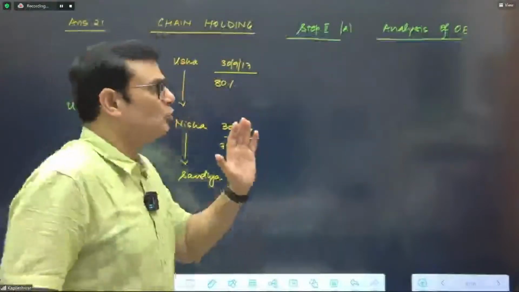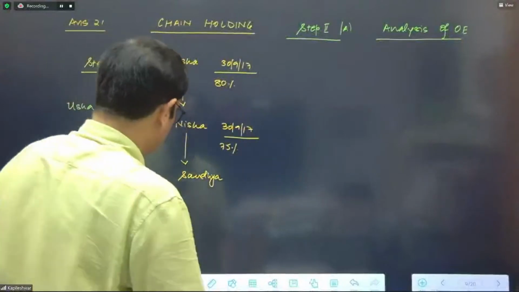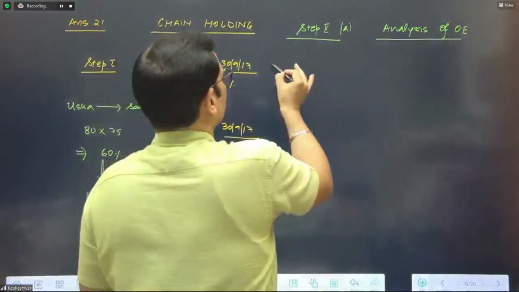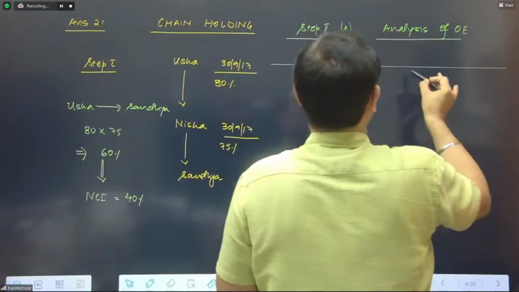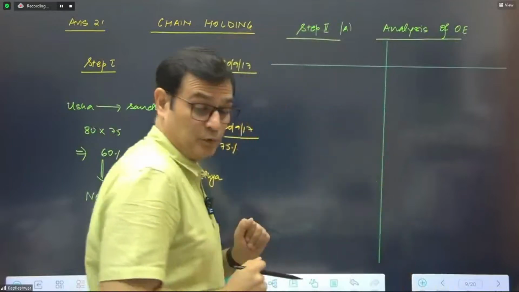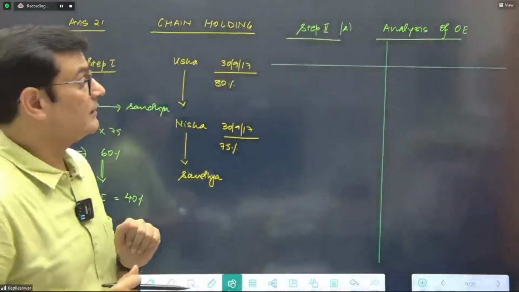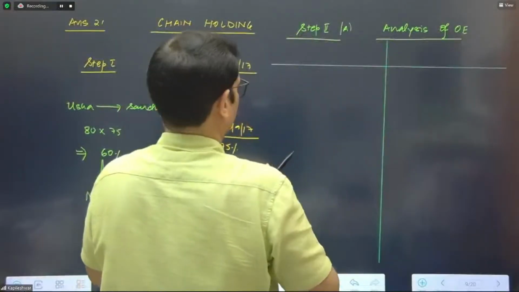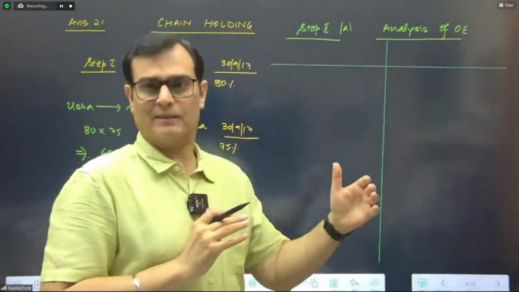But now you need to do two analyses in this case. So let me organize the information. Let me just organize the data in terms of analysis of equity. So on one hand, I'm going to keep Nisha, and on the other hand, Sandhya, and let's create a particular column. I think the space might be a little less, so let's take a larger space.